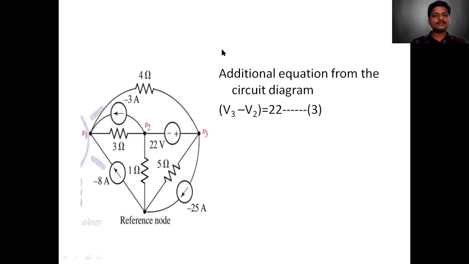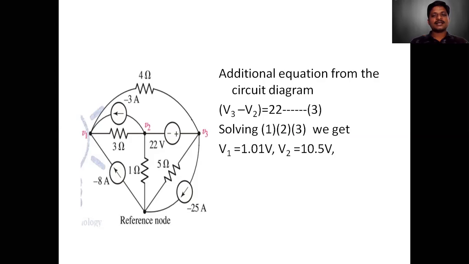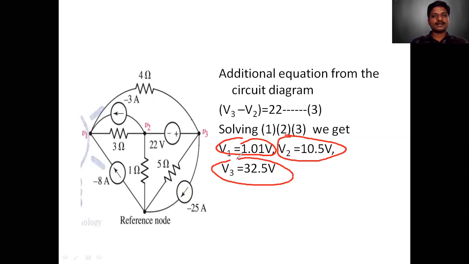Now, when you solve equation 1, equation 2 as well as equation 3, then we will get this answer. Voltage at node V1 is 1.01 volts, voltage at node V2 is 10.5 volts, and voltage at node V3 is 32.5 volts.